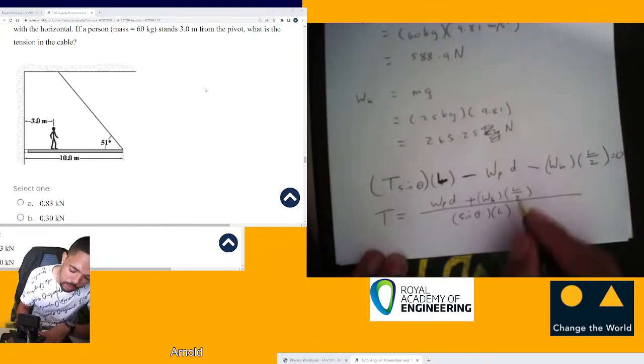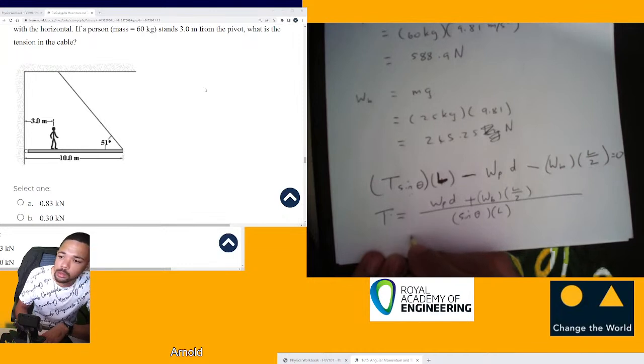L you can just cancel, or put in as 10, because we know the length of the beam is 10.